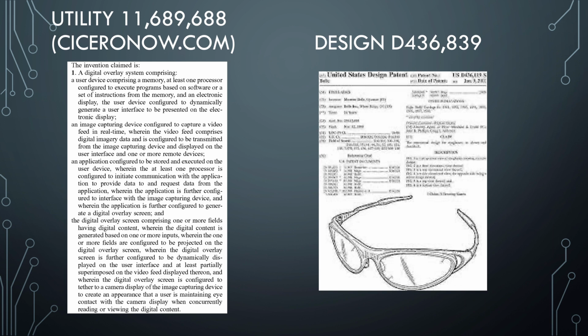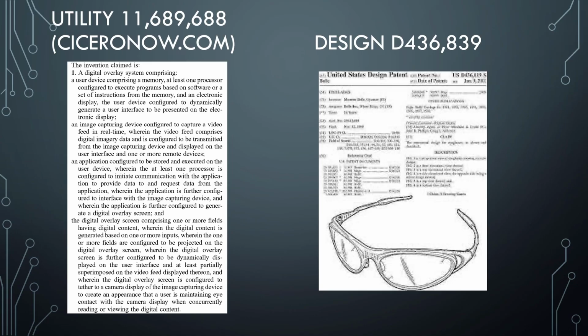You can see the metes and the bounds are there written, and this is a digital overlay system comprising, and you can see there's a whole bunch of verbiage there that I'm not going to read to you, but that is literally a patent I've received myself, and it defines this invention of this digital overlay for using with Zoom and for persuasion software and the like for our Zoom presentations. And to figure out what the invention is, one has to unpackage all of those words. Now, when you go to the right side of our slide here, you can see a design patent.